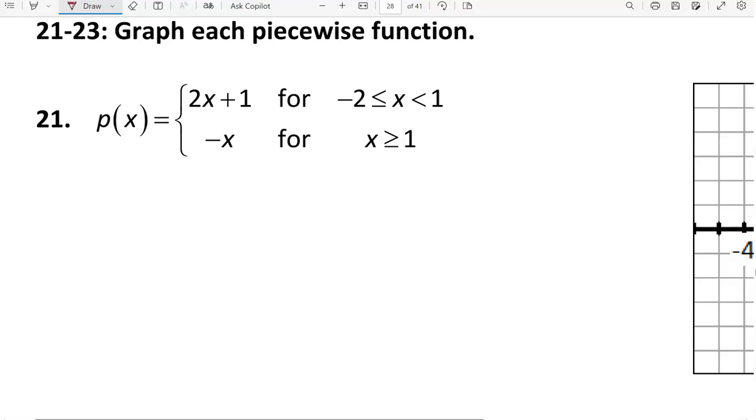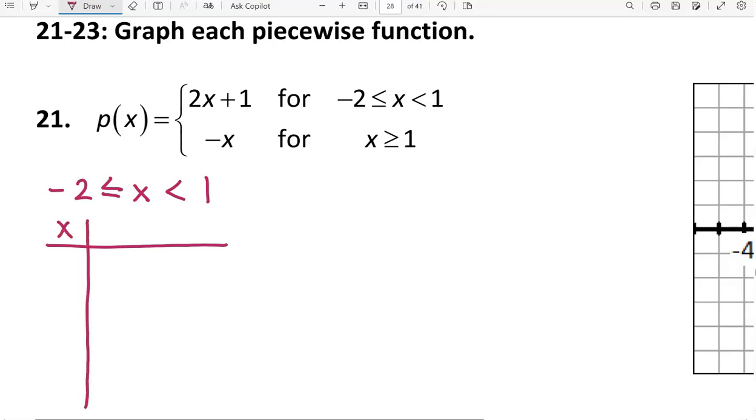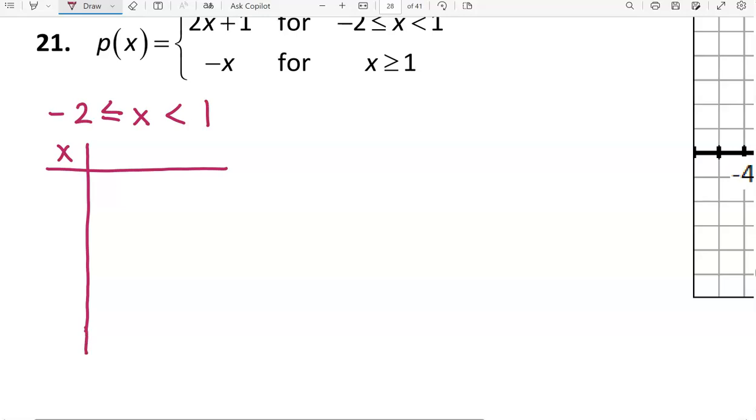My suggestion is to use a table of values for each piece of the function. So for the first part of the function, we're going to consider x values that are between negative 2 and 1. And I'm going to consider x values that are inclusive of those values, even though the interval doesn't include both: negative 2, negative 1, 0, and 1.